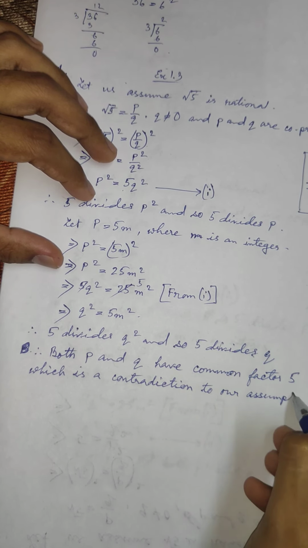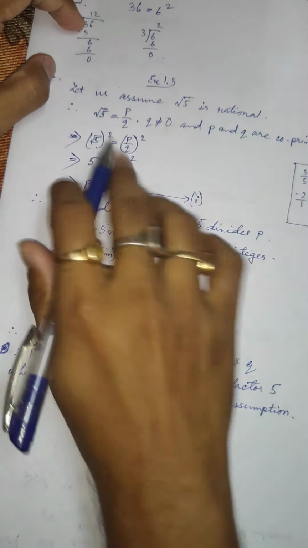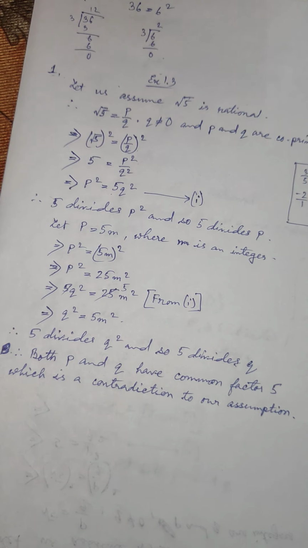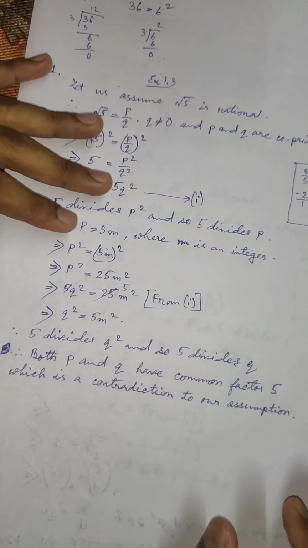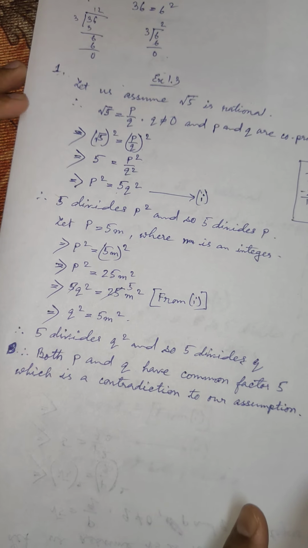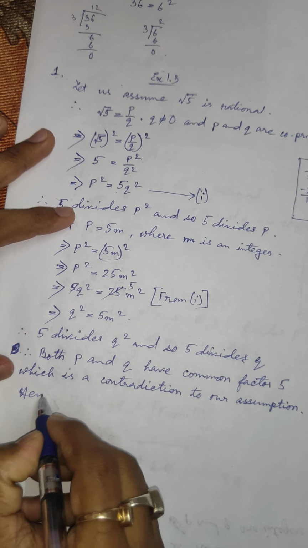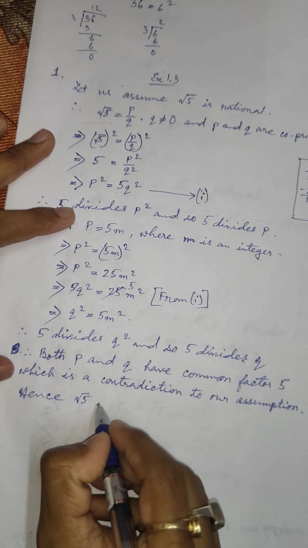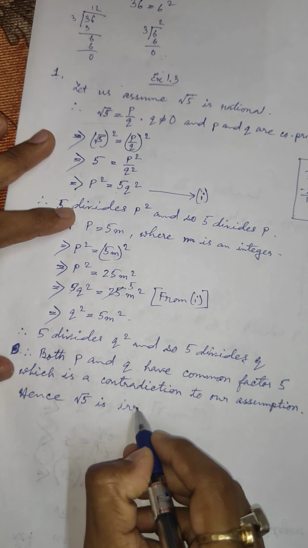We considered p by q with p and q co-primes, and now we have got that they are not co-primes. There is a common factor 5 between them. So this assumption is contradicted. That means we considered root 5 as a rational number, so this cannot be true. It must be an irrational number. This contradiction proves that this cannot be a rational number. Hence, root 5 is irrational.